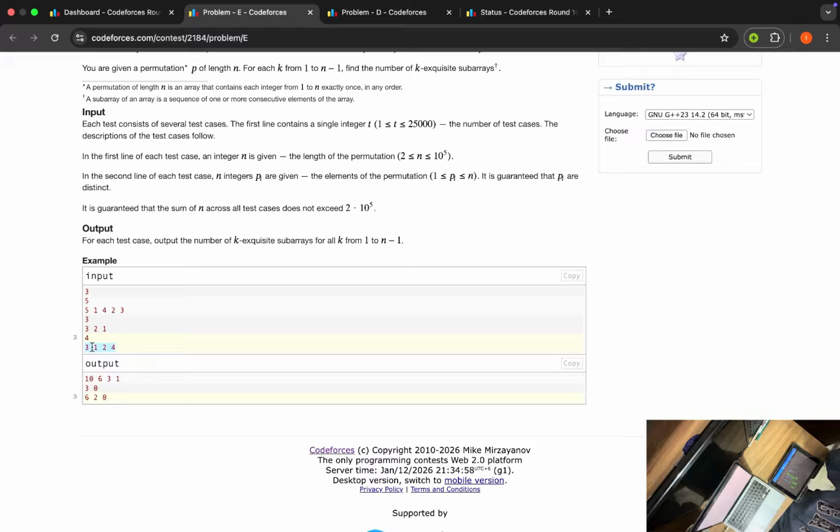So how will I do it? At first I'm dividing like this, it's already divided. Then I'll go to 2, every single 2 I'll divide them.